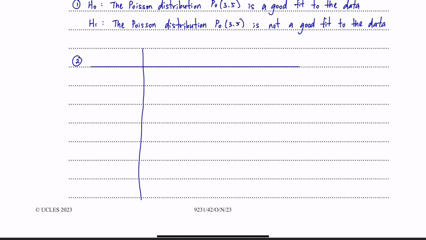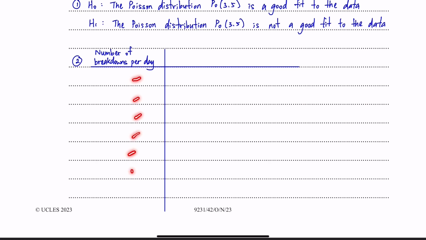So we have the first column as the number of breakdowns per day. So we have 7 rows, 1, 2, 3, 4, 5, 6, 7, and the last row would be used for the total.